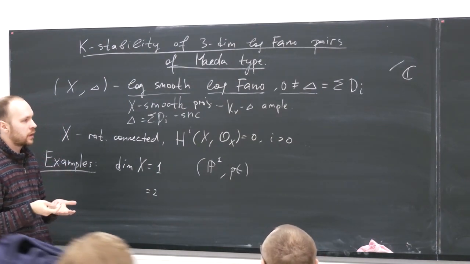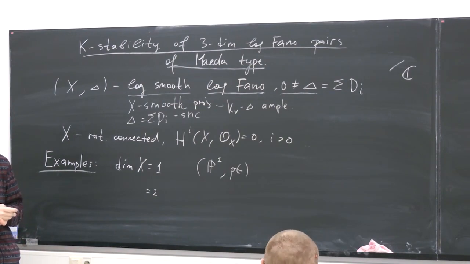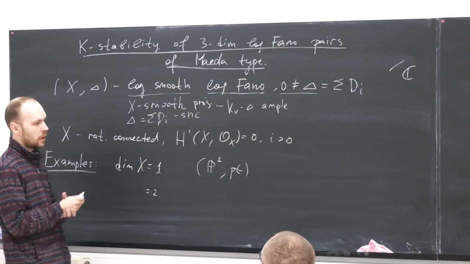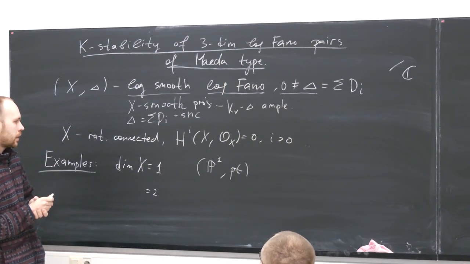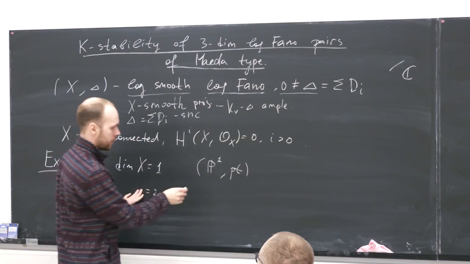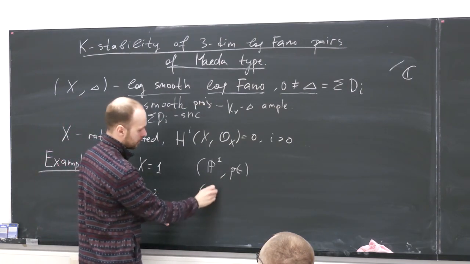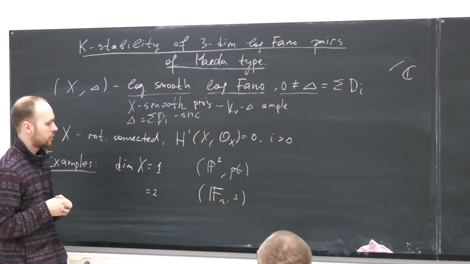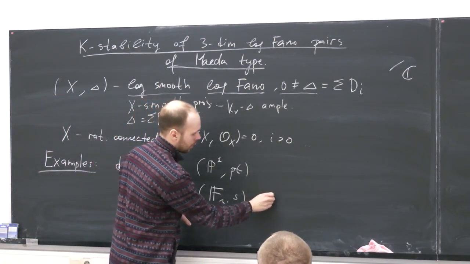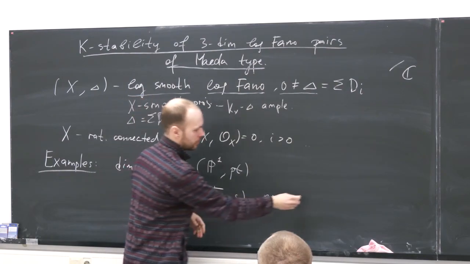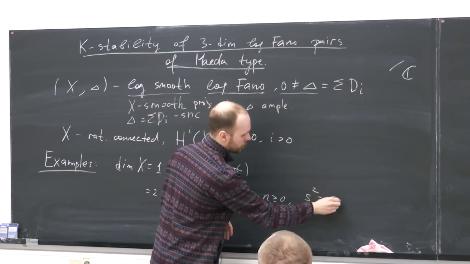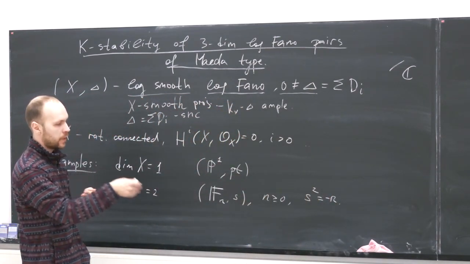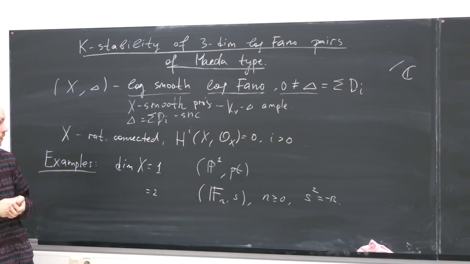So recall that classical Fano varieties, for example, smooth Fano varieties are bounded, which means that they belong to finitely many deformation classes. But in this case, we can have such pairs (F_n, S), where F_n is the Hirzebruch surface and S is a section of the structure morphism with self-intersection minus n. So we have infinitely many pairwise non-isomorphic varieties.